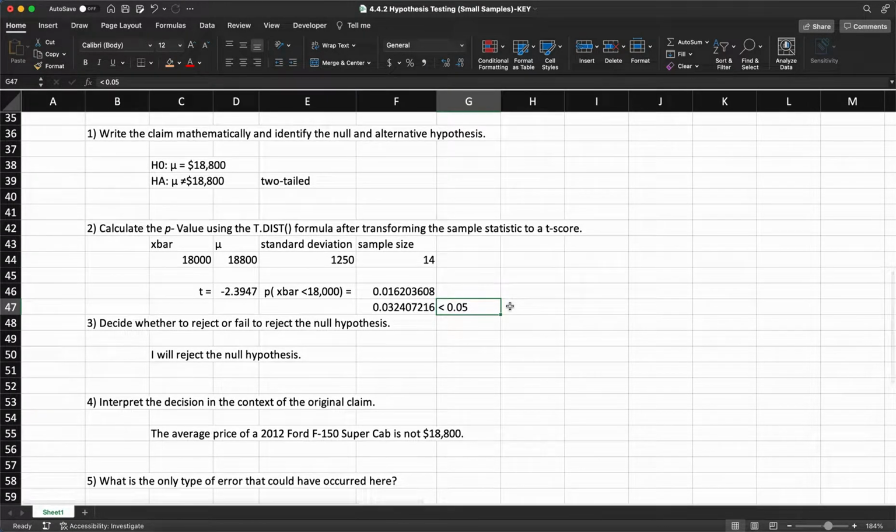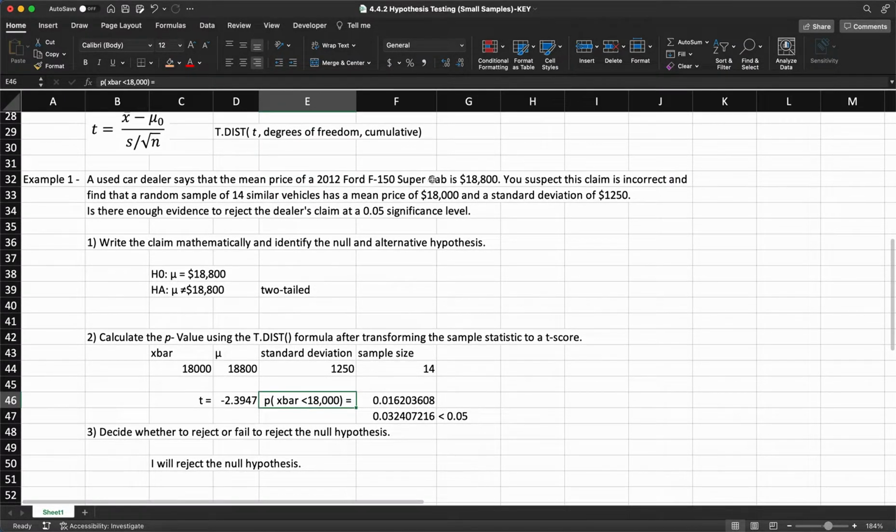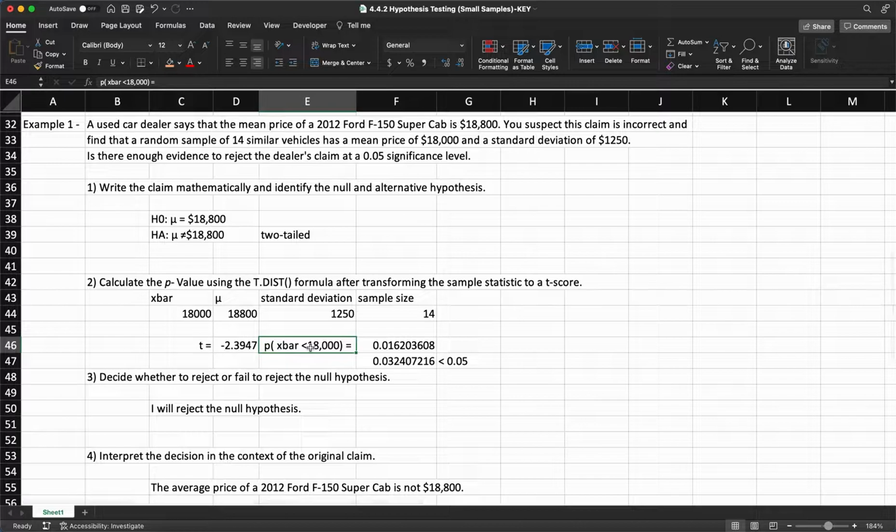And this is also a good time to point out that if we were looking for something, let's say that the mean price of the 14 vehicles we came up with was $19,000 or $20,000, something that was greater than the mean that was claimed by the dealer, we would then do 1 minus the t-distribution because it's always giving us the area less than, or the probability less than the value that we're giving it.